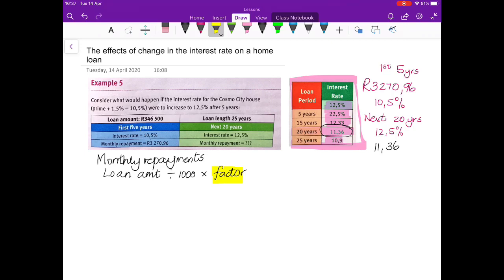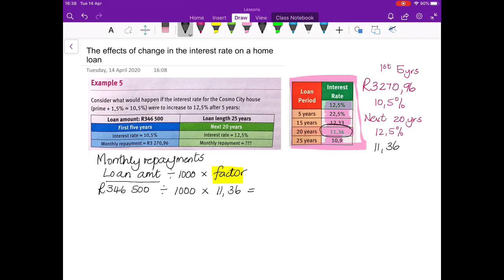It is not rands and it's not interest. Another thing you have to notice: the loan amount is not the reduced amount, it is the original amount of the loan, which was 346,500 Rand. We divide that by 1,000 and multiply that by 11.36. Please know how to work out the monthly repayments. You will be given the formula.